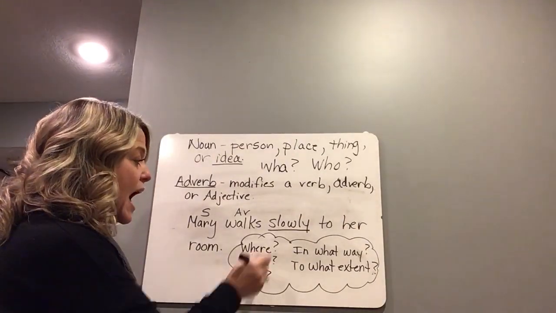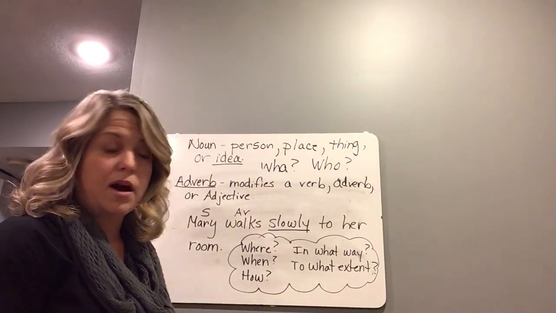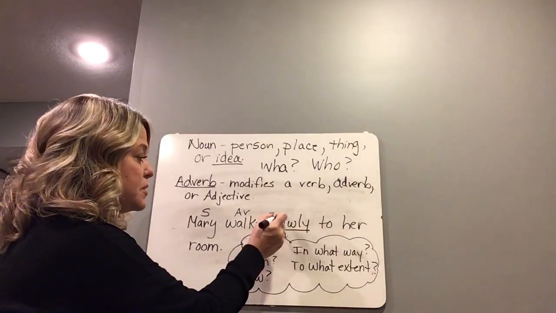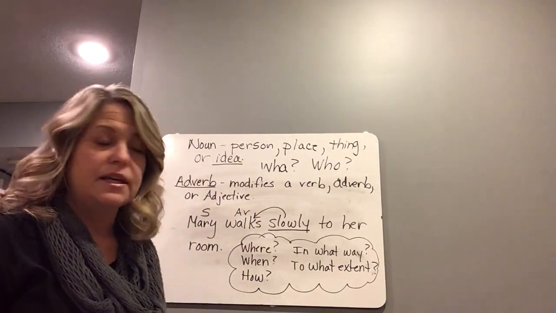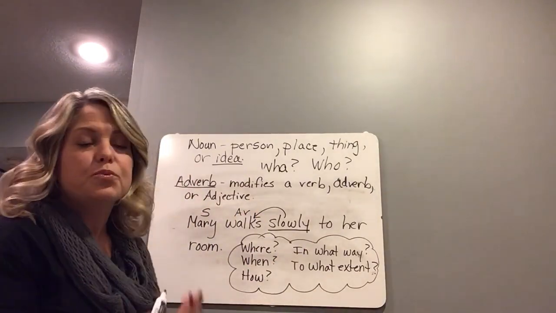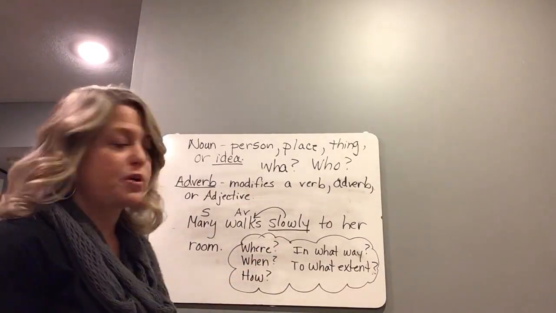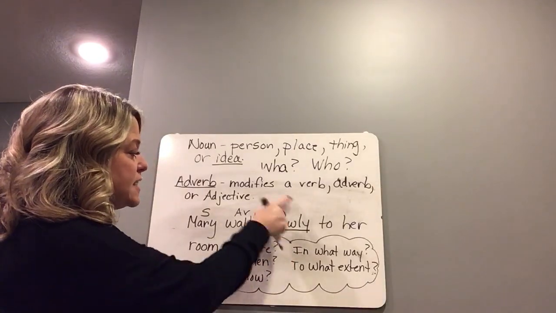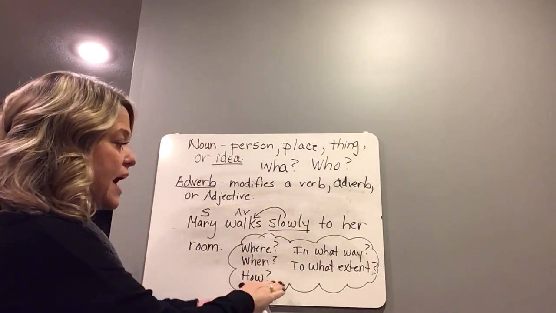Does it answer how I walk? Or in what way do I walk? Yes, it answers both of these. It says how I walk. I walk slowly. In what way is really almost the same thing as how, but it's listed as a separate question. But slowly tells me in what way I walk. Okay? So these are your adverb questions.